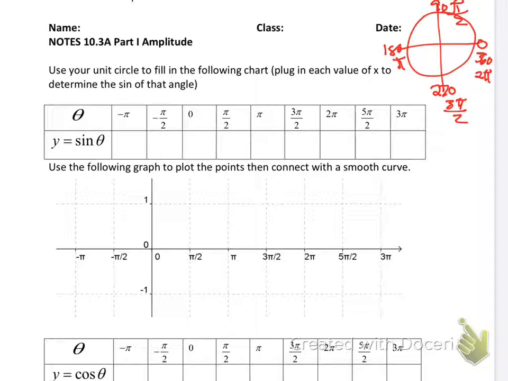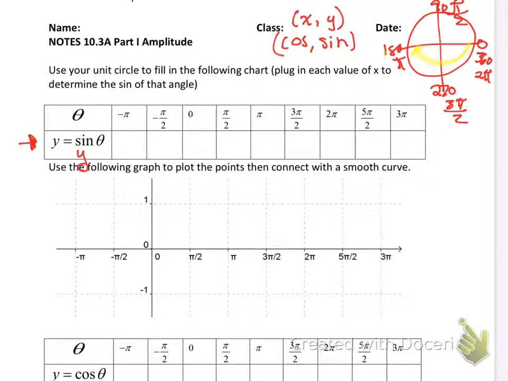The other thing you're going to need to remember is your x coordinate and your y. Remember we said x is cosine and y is sine. So when I'm making my sine graph, I want to look at my y values, okay? So at negative pi, that means if I'm at 0 and I go backwards to pi, what are those coordinates there?